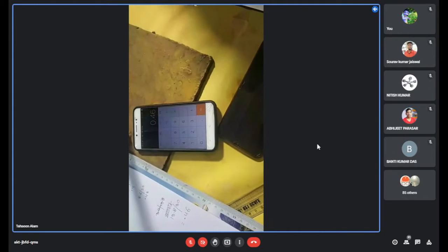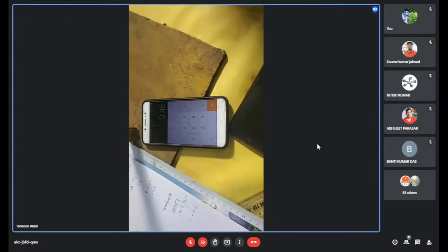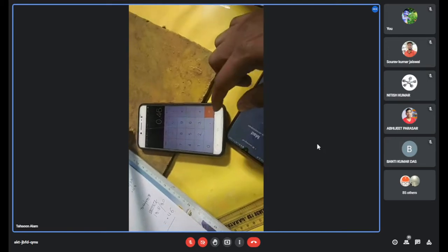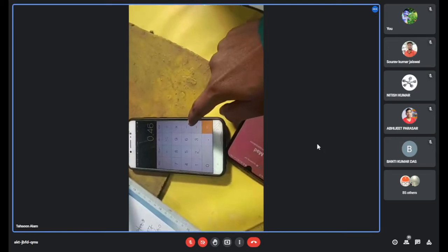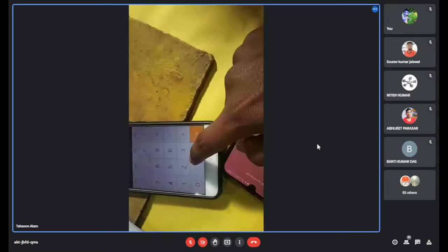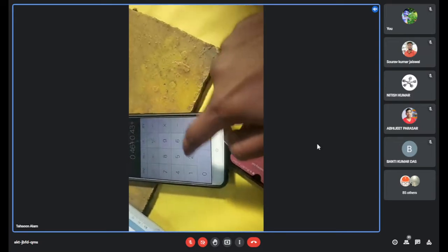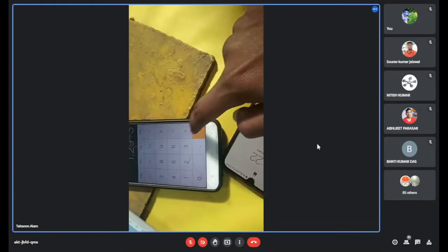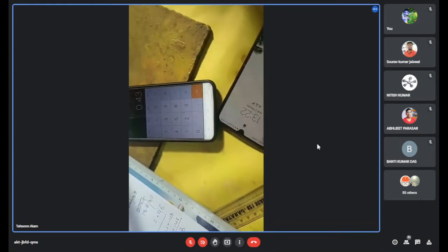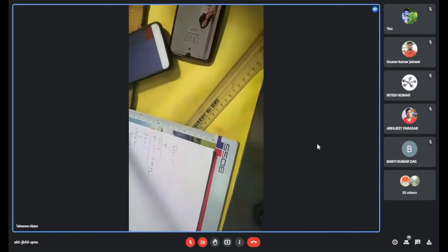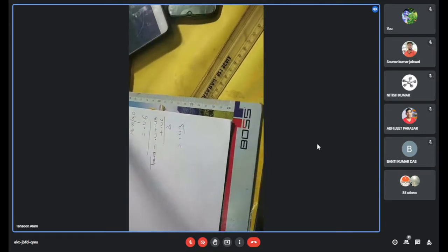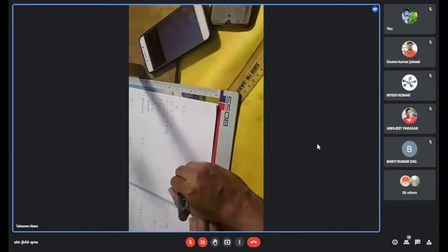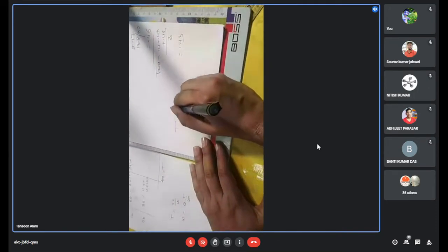So we will take the average of 0.4, 0.43 and 0.46: 0.46 plus 0.43 plus 0.4 upon 3, which is 0.43. So our average time for each oscillation is 0.43 seconds. This is the time period of oscillation. Now from that formula, we will calculate the natural frequency.